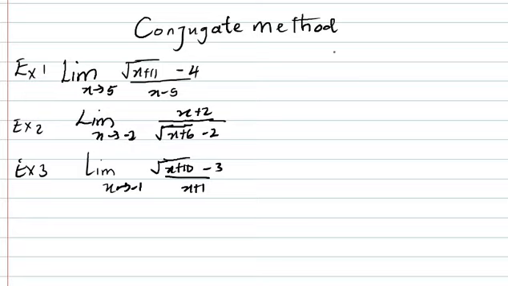So when you have, let's say, a plus b, the conjugate is the same expression with the opposite middle sign, a minus b, in such a way that you get a difference of two squares: the square of this minus the square of this.